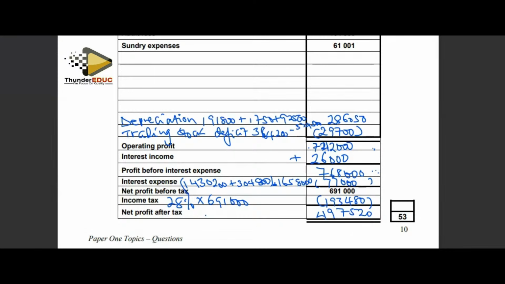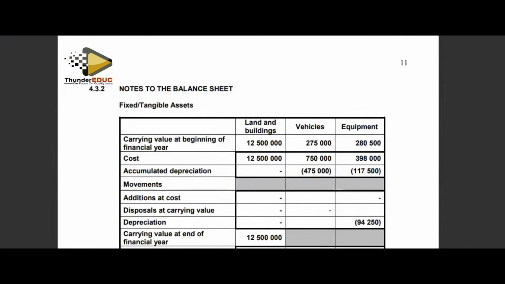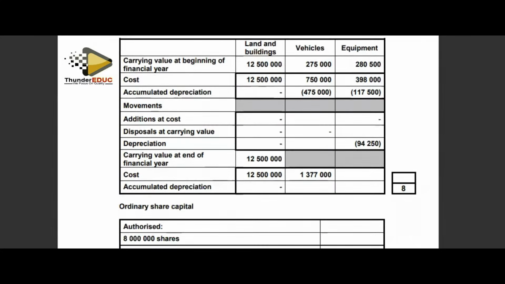Right, now, what are we going to do? What we are going to do now, we have to look at the fixed asset, the property, plant, and what? Not the balance sheet, the fixed or tangible assets, which is called the property, plant, and equipment, okay? This is called the PPE note, okay?